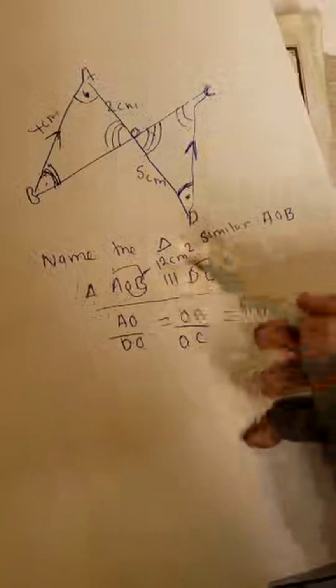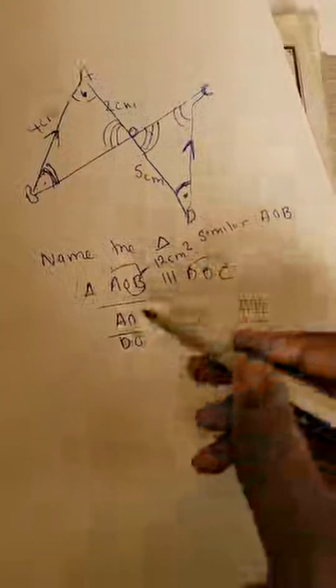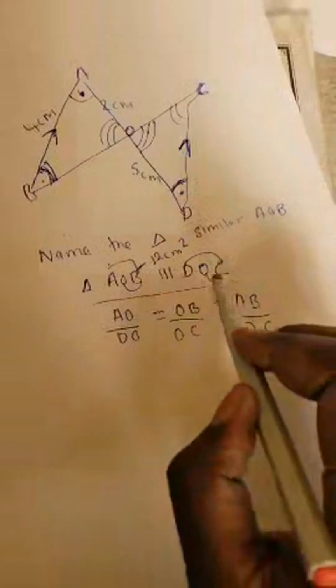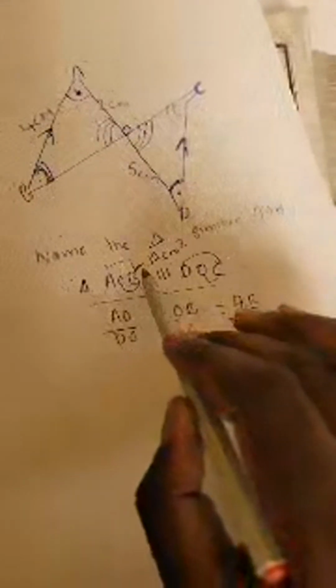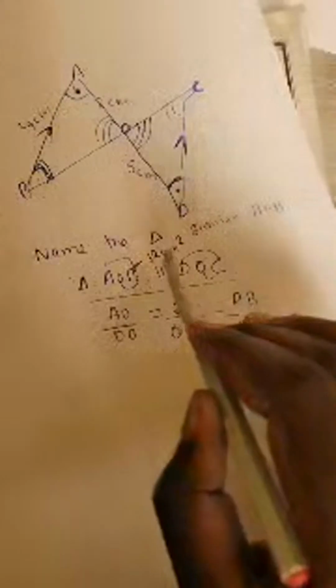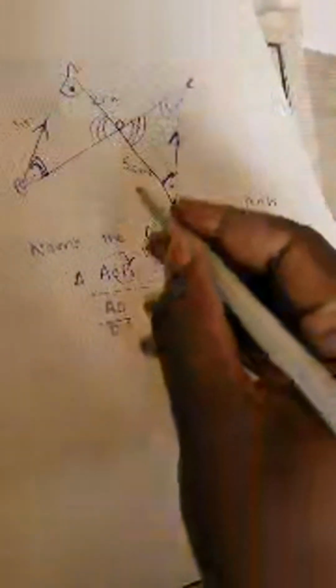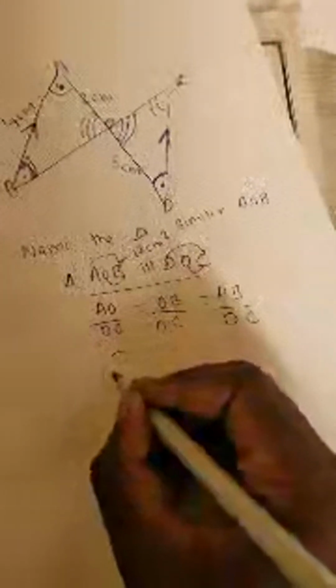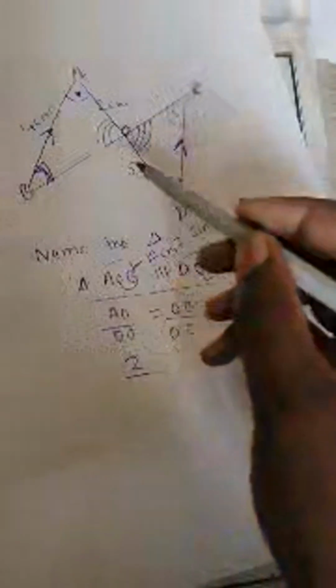Are we together, guys? So let's now look at this stage right here. I only want to find our scale factor. We are asked to find the area of triangle DOC, and we are given that the area of triangle AOB is 12 centimeters squared. Okay, so AO is 2, over DO, which is 5.